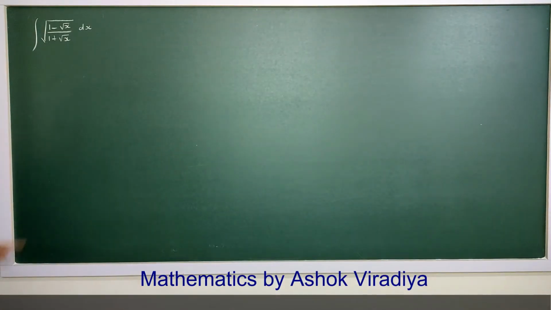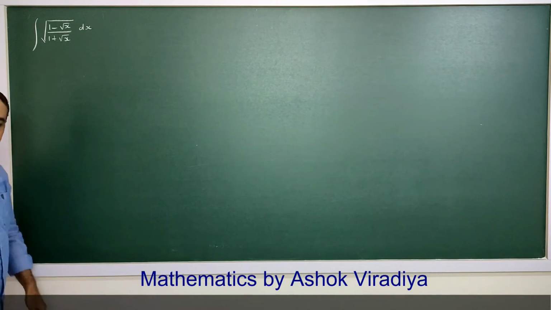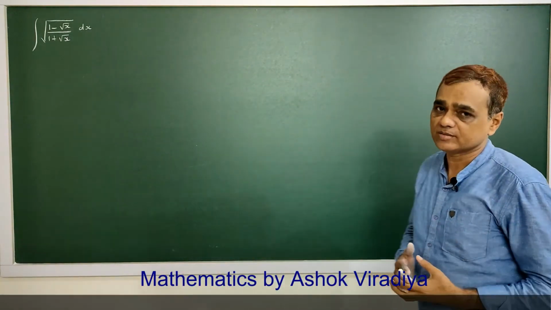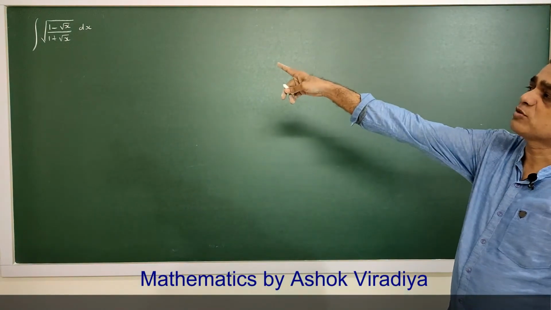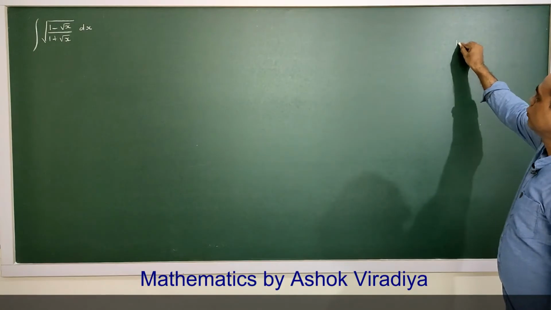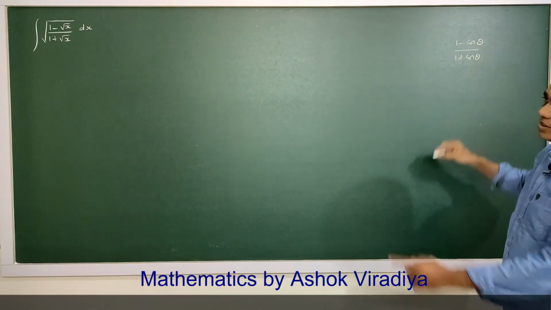Now in this question, to integrate square root of 1 minus root x upon 1 plus root x, in many questions we use trigonometric substitution. Look at the design of this question. You can find it matching with 1 minus cos theta upon 1 plus cos theta.